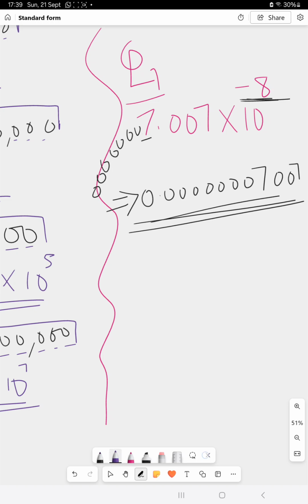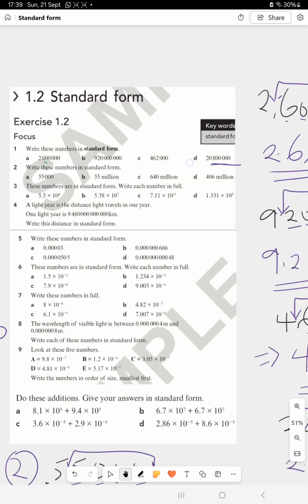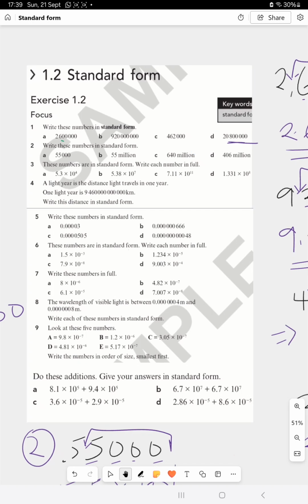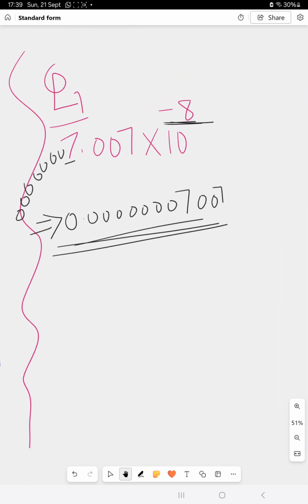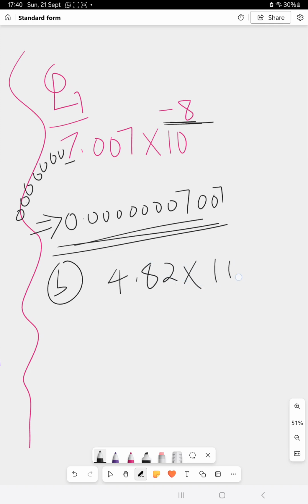Let me do another question, still in question 7. Let me do B: 4.82 times 10 negative 7. Again we count backwards 7 times from here.